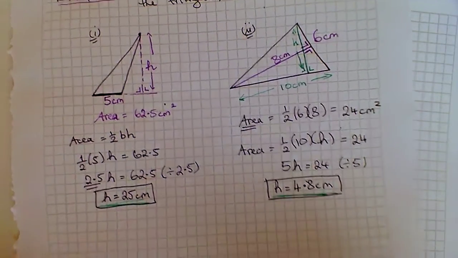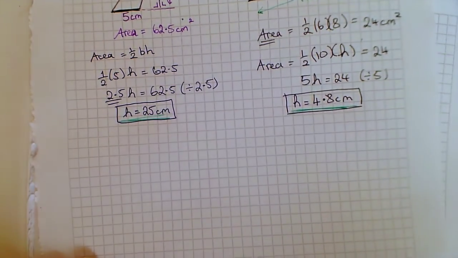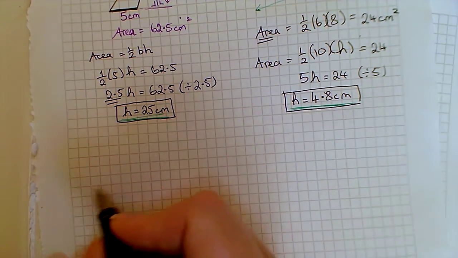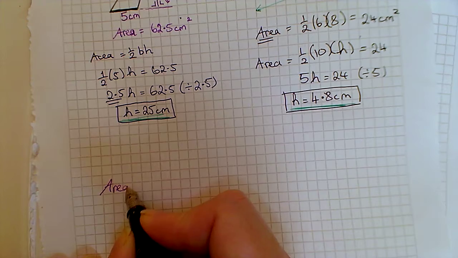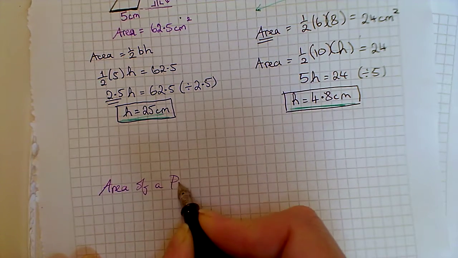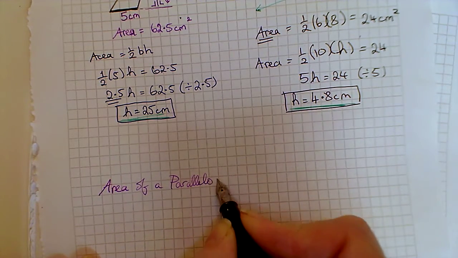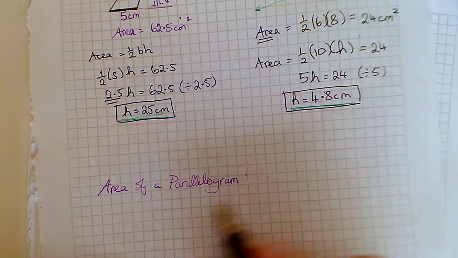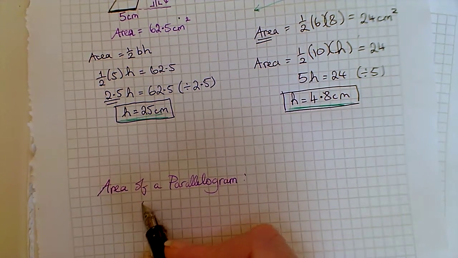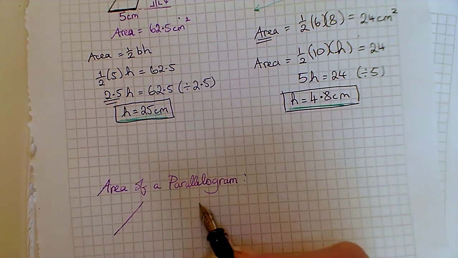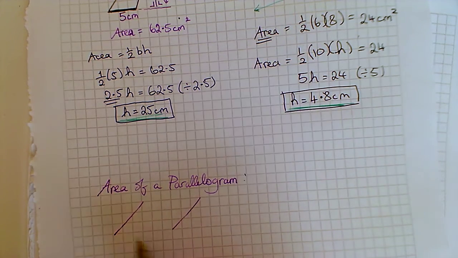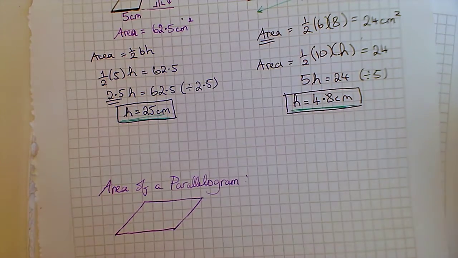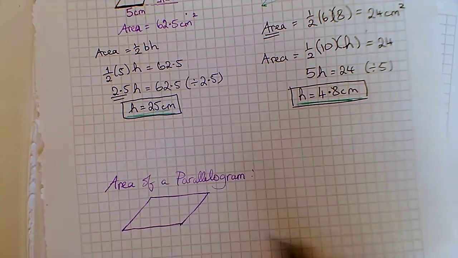We need to know similar types of information for the area of a parallelogram. The interesting thing about a parallelogram is that it's actually two identical triangles stuck together. So if I draw a parallelogram like this, some properties of parallelograms to just remind ourselves.